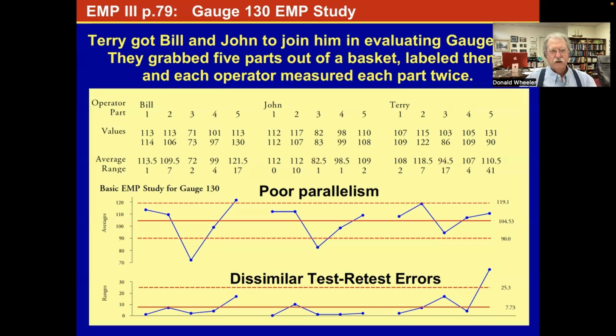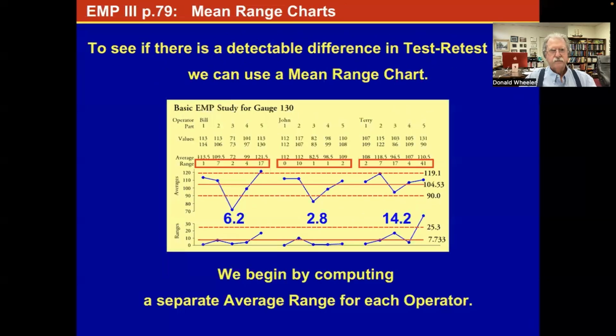And we look at the graph and we have poor parallelism. And Terry has a big range, with similar test-retest error. Well, to see if there is a detectable difference in test-retest error, we start with a mean range chart.